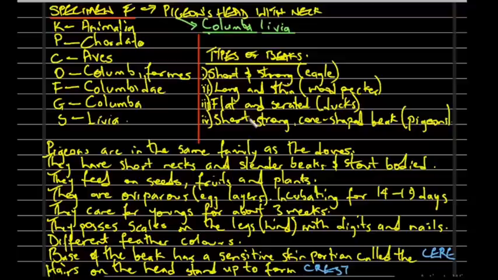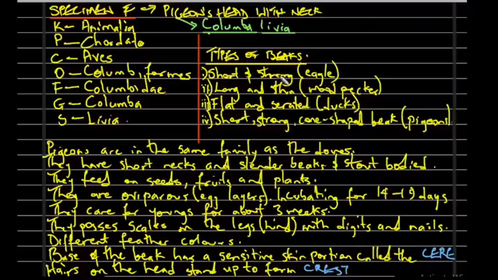So looking at the pigeons now, we're looking at the types of beaks found in these organisms. We'll talk about the different types of beaks that we have, and they are modified based on the type of food that these organisms feed on. That is how we differentiate them.